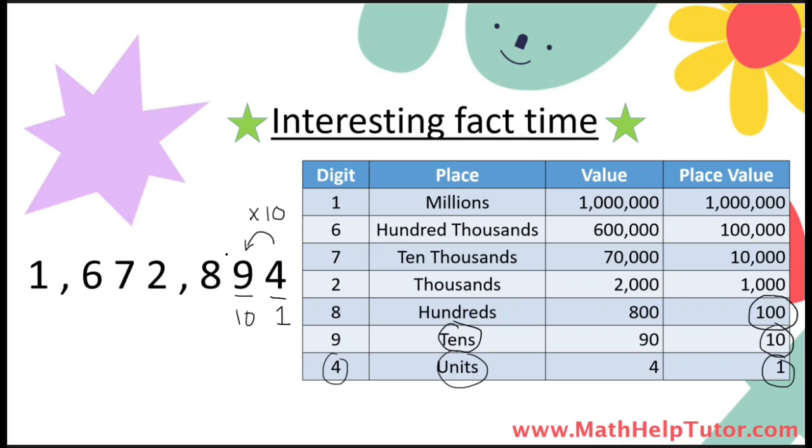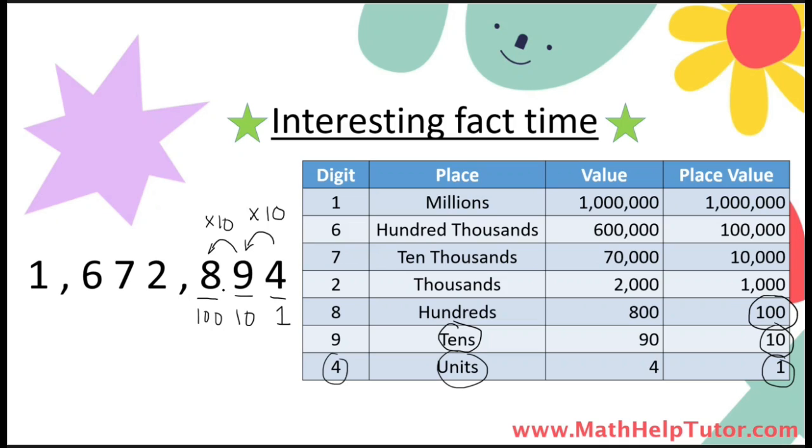It's the same thing for the digit 8, which is to the left side of the digit 9, which is in the tens place. So the digit 8 is in the hundreds place, and this digit to the left of the digit 9 has a place value 10 times more than the digit 9.